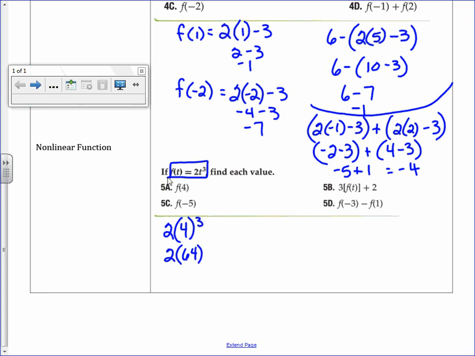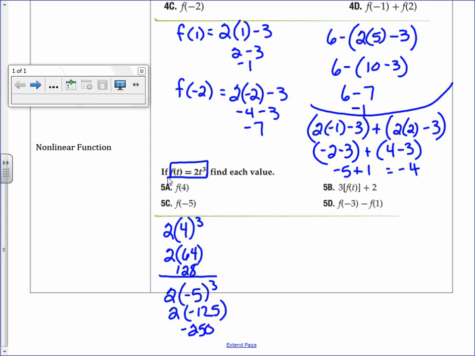And we end up with 128. F of -5, 2 times -5 to the third. So it's going to be 2 times -125. And we get -250.